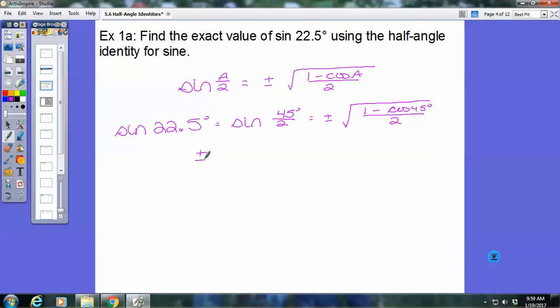So we get plus or minus the square root of 1 minus, what is the cosine of 45? Divided by 2.